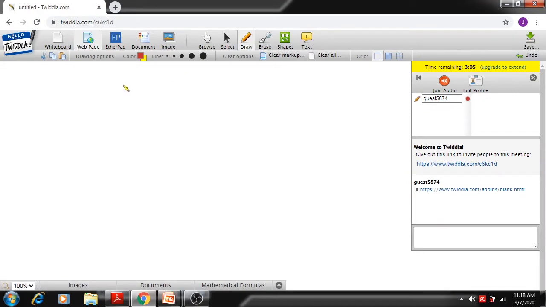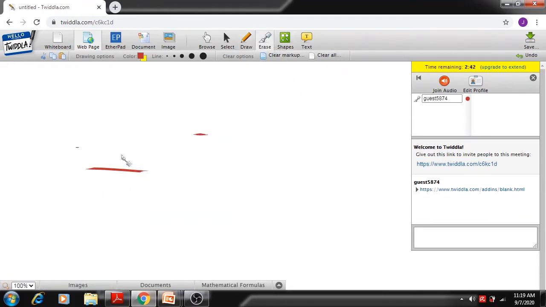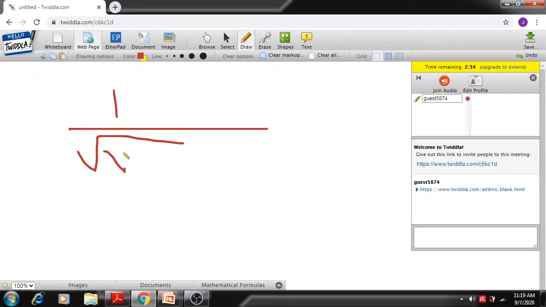So the result should be h over square root of x plus h over h, square root of x plus h plus square root of x over h, then it should be 1 over square root of x plus h plus square root of x.